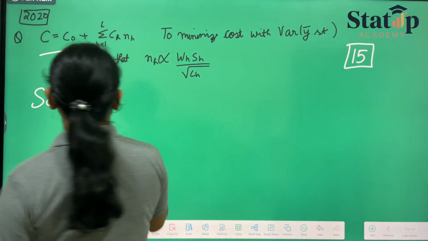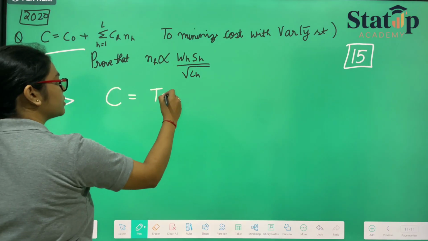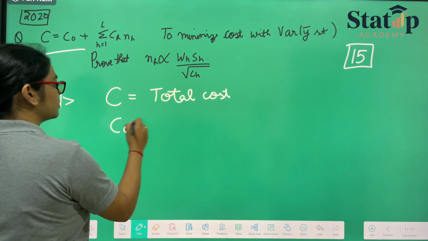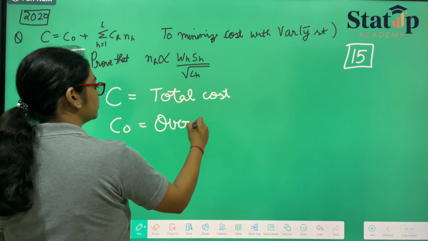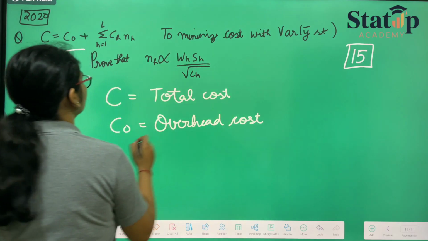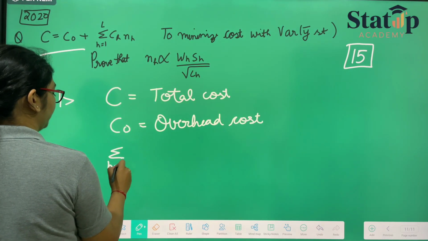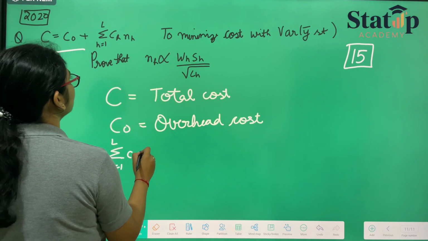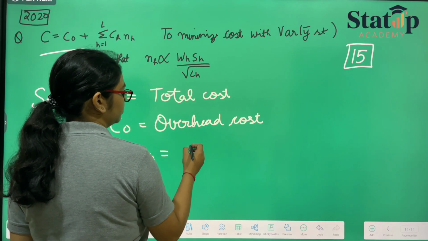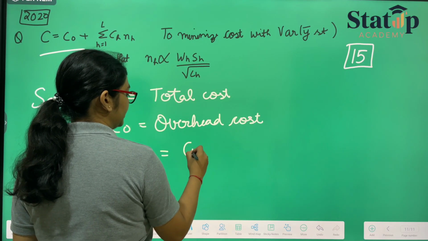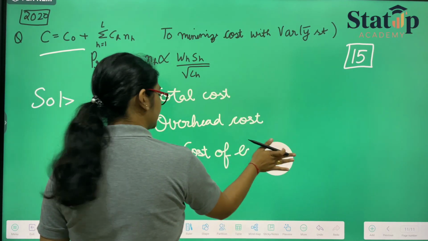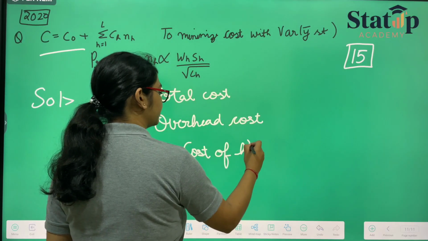So again here we will write C is nothing but total cost, C naught is overhead cost, summation h goes from 1 to L, Ch nh is nothing but the cost of each stratum, or we can say hth stratum.